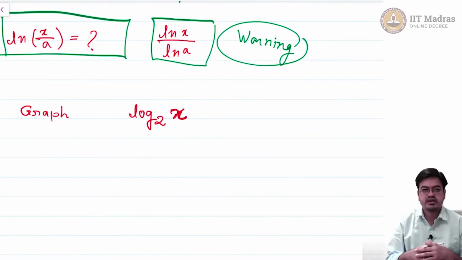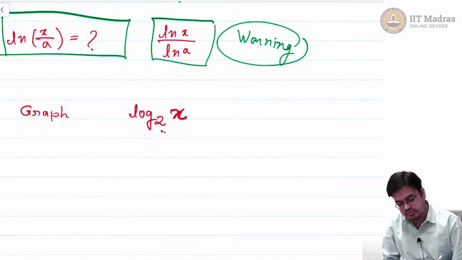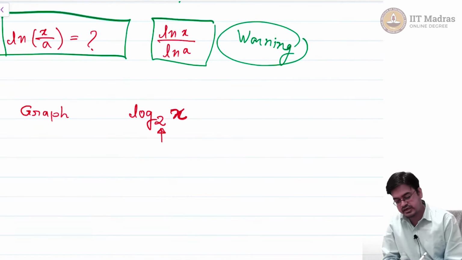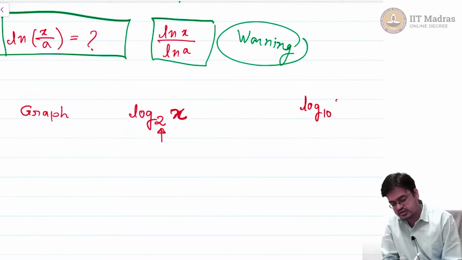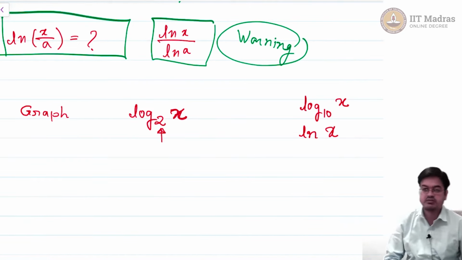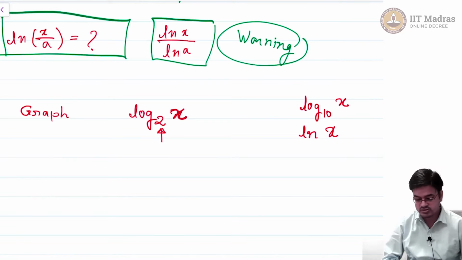If you have a graphing calculator, sometimes the old versions do not allow log to the base 2 to be taken, and in that case what you have is either log to the base 10 of x or log to the base e of x, which we denote by ln of x. So only these two things are available to you and you can plot these two things.